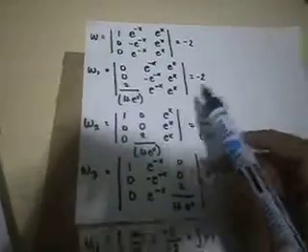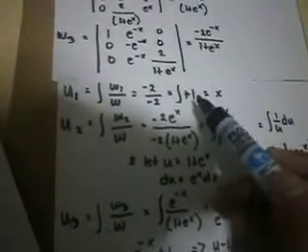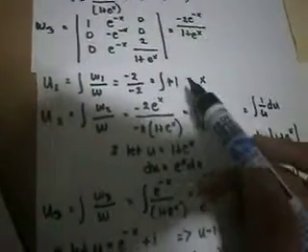Our w1 was negative 2, and our w was negative 2 also, so we get positive 1. The integral of 1 is just equal to x. Next, w2.